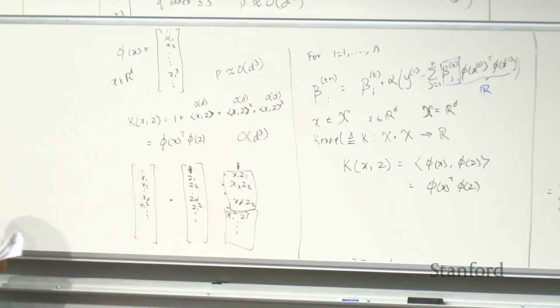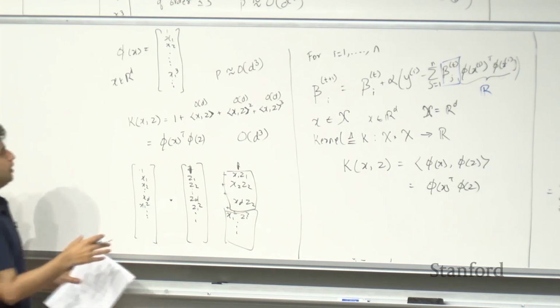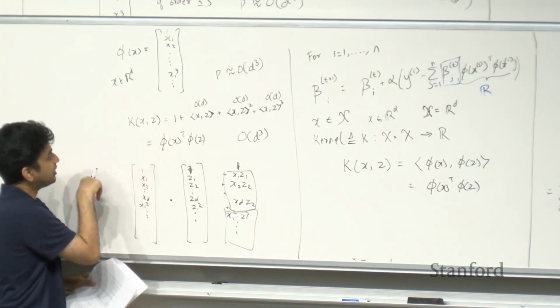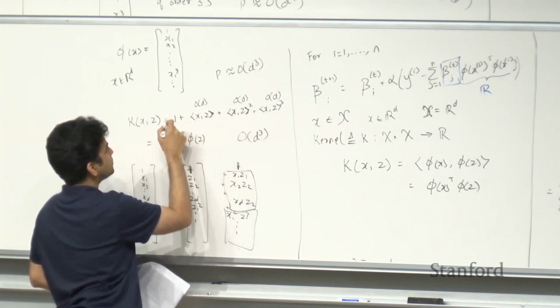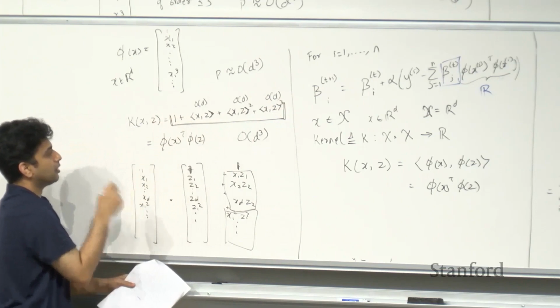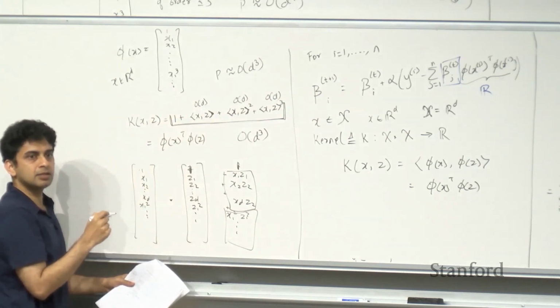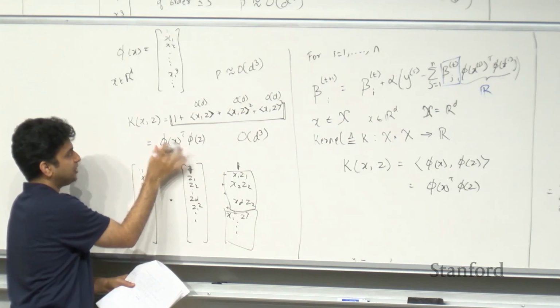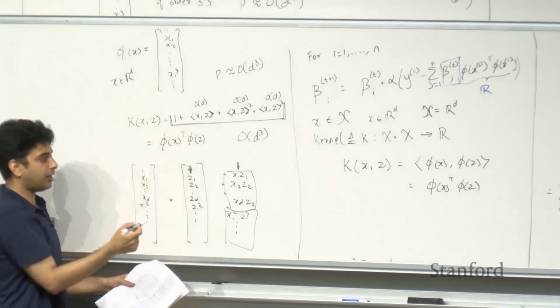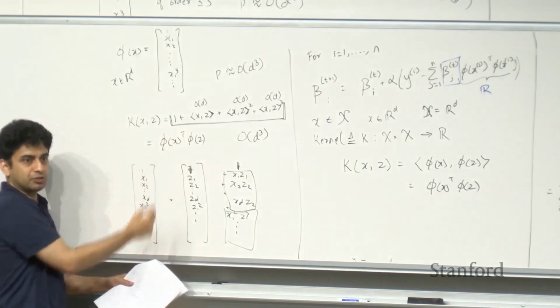Why is that z1 squared? Because it should just be phi of x transpose phi of z. Yes. The kernel function is defined such that the functional form of the kernel can always be rewritten as a dot product between some feature map of x and some feature map of z, where you apply the same feature map to both inputs and then take a dot product in that higher dimensional feature space.